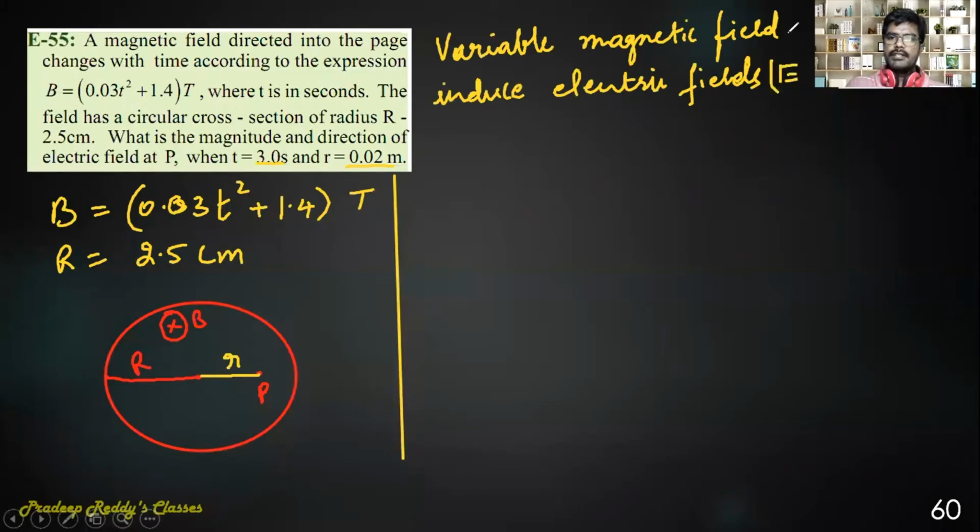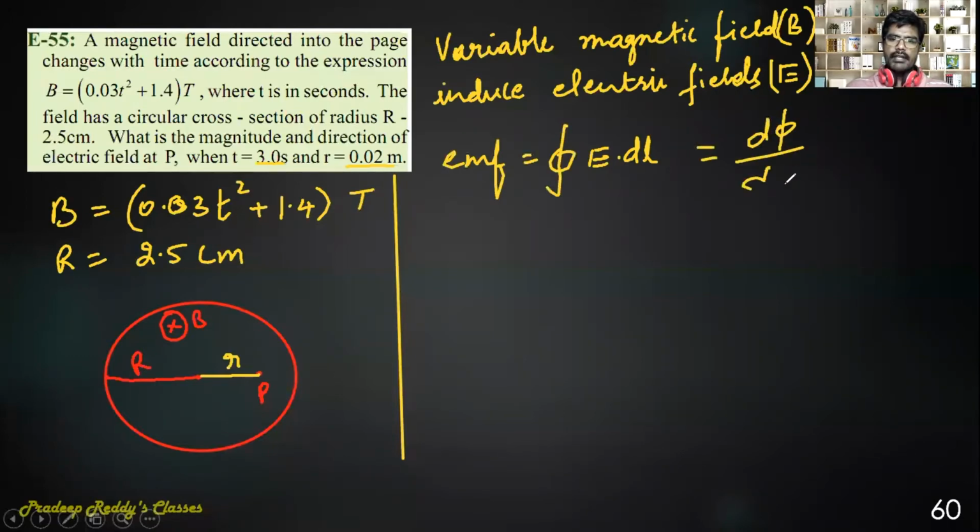Electric field is represented with E, magnetic field is represented with B, and the induced EMF is equal to the integration of E dot dl. So the induced EMF is equal to the closed integration of E dot dl. This we have already discussed, and the EMF induced will be equal to d phi divided by dt.